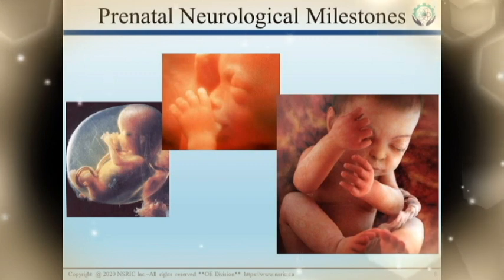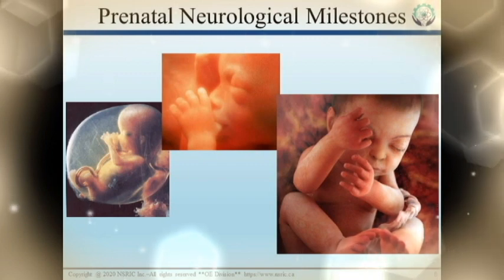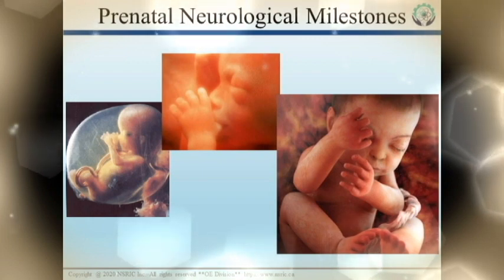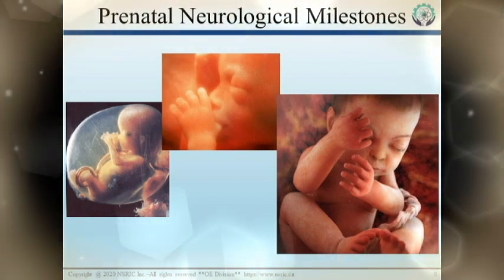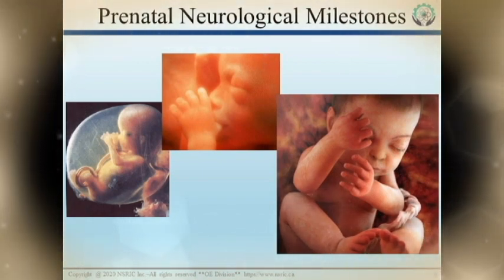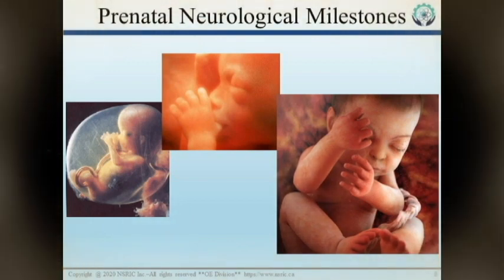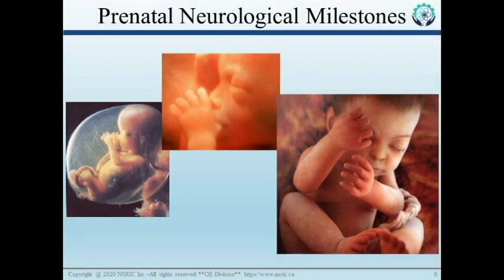And we also have the formation of the neural plate. By the end of the first trimester, in the embryonic stage, the neural plate, that flat structure that will eventually evolve into the neural tube, starts to form. This marks that initial stage towards the development of the central nervous system.